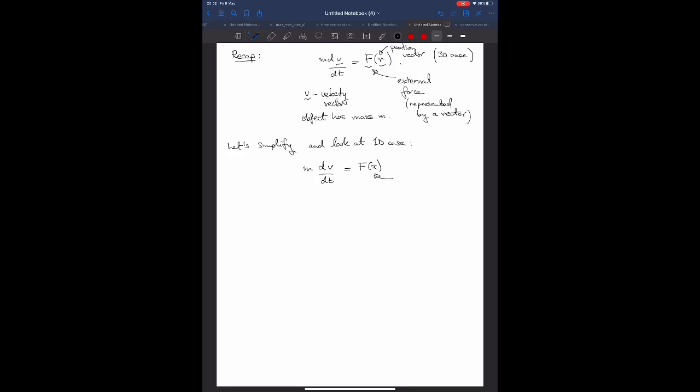Here, x is the displacement defined with respect to a reference system, with O as the origin. And here, this v is a scalar function. It's not a vector now.